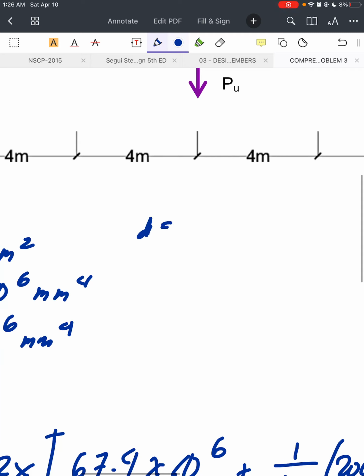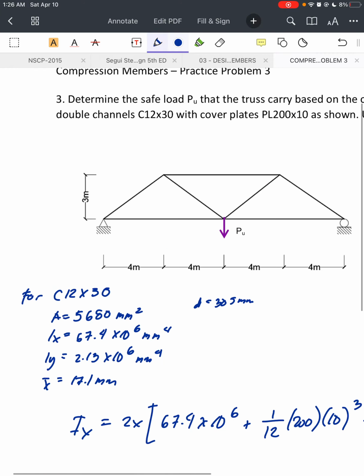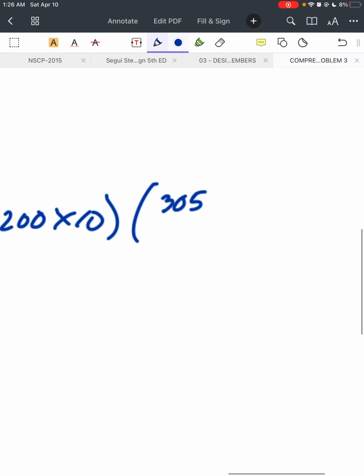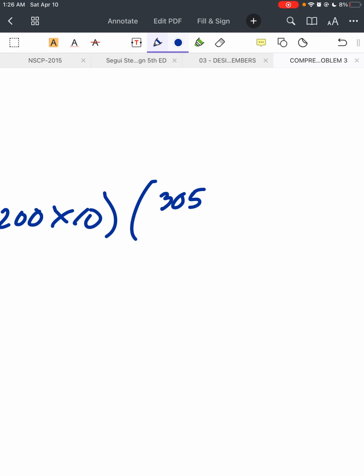I'll just write it here. So again, you have 305 plus 10 over 2 to the power of 2.